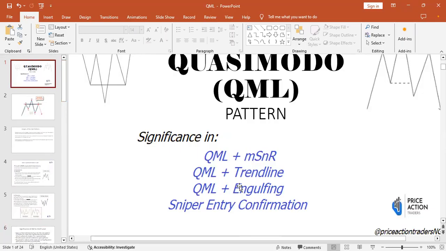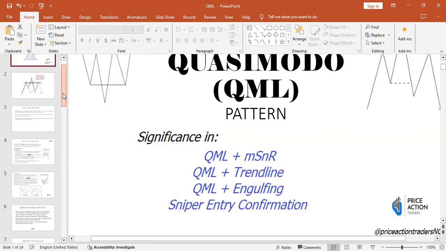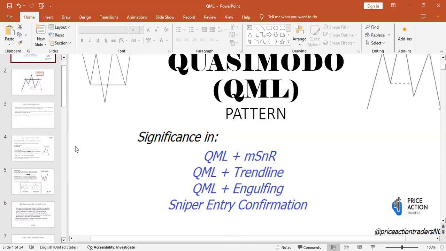I've shown you the engulfing. When a QML pattern carries an engulfing, and it intersects with an SNR as it's pulling back, then trend line.